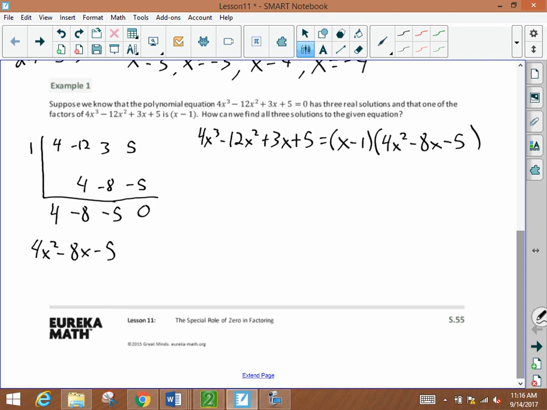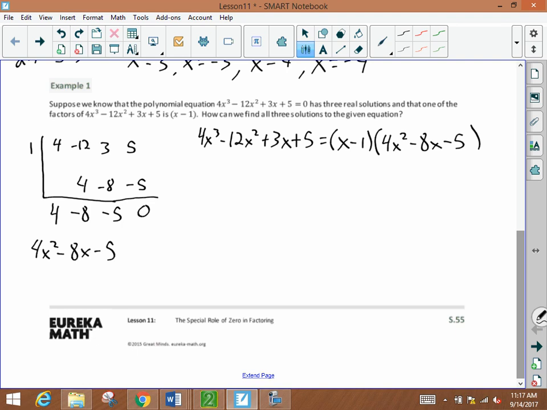Those two things are the same, right? And check it out. If you were to divide both sides by x minus 1, you would wind up with a true statement, right? We said that when we divide that polynomial by x minus 1, we get 4x squared minus 8x minus 5. Perfect.